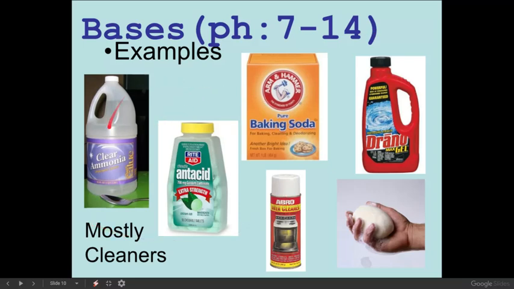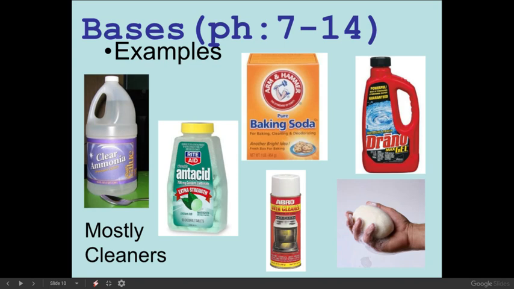These are household items that are usually going to be bases. So we have ammonia, we have antacid, which is like Tums. Tums, you use that for heartburn, meaning that there's acid reflux coming from your stomach, and you take these to prevent it. Antacid, right? Without acid.